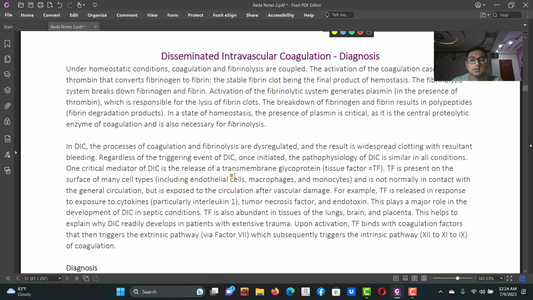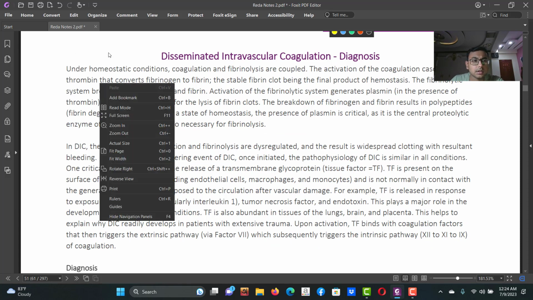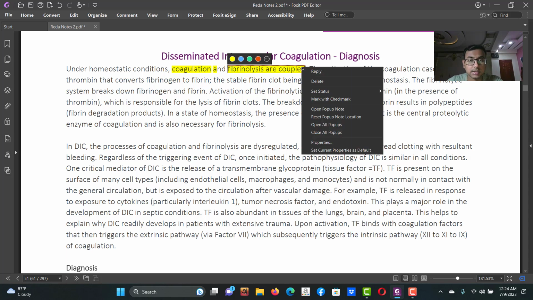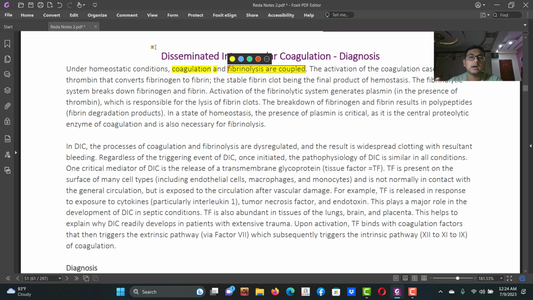So how can you understand the disease of DIC? In DIC, coagulation and fibrinolysis are coupled, because these two things occur simultaneously and combinedly. The activation of the coagulation cascade yields thrombin, which converts fibrinogen to fibrin.